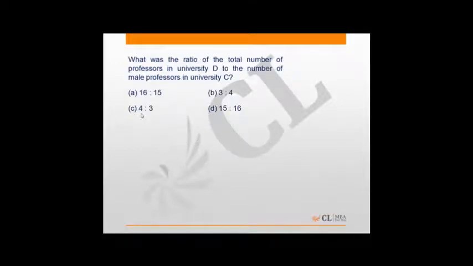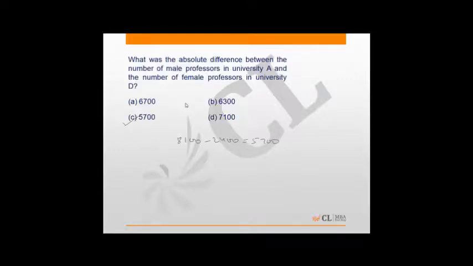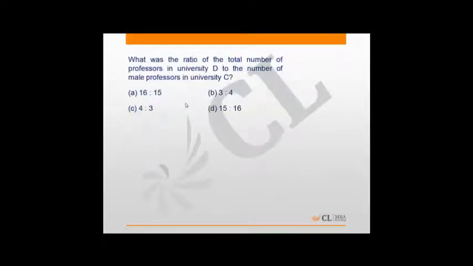Answer is option C. Next, what was the ratio of total number of professors in University D, that is total professors, not male or female, in fact both, to the number of male professors in University C? Total professors in University D are 6000 and male professors in University C are 6400.